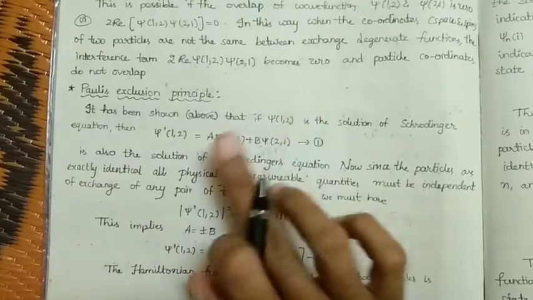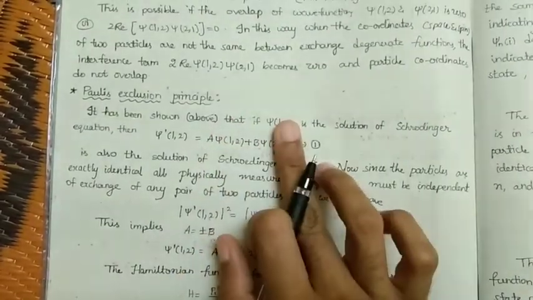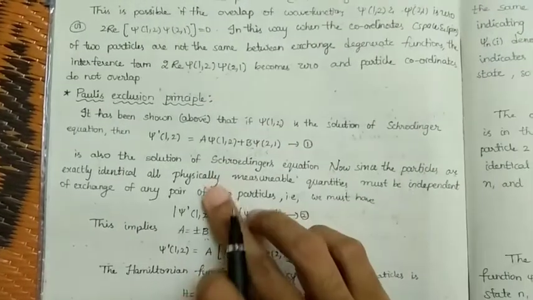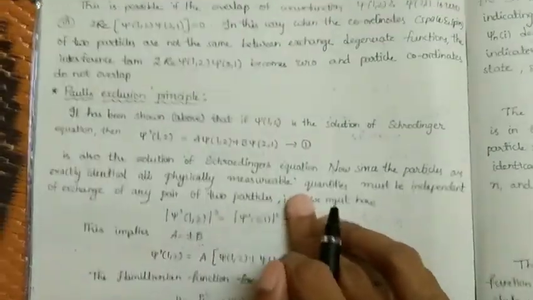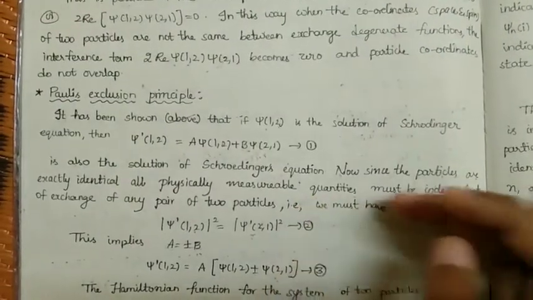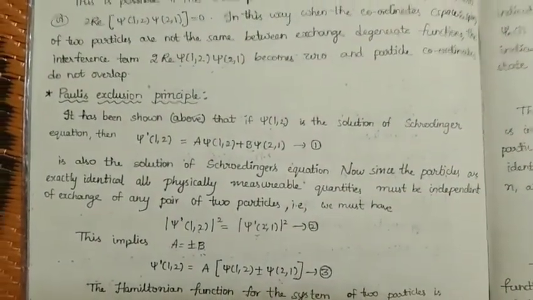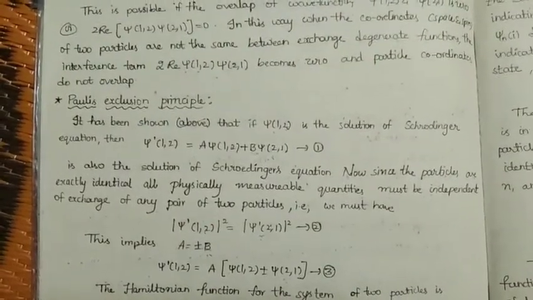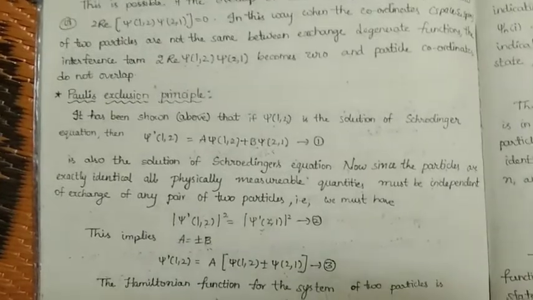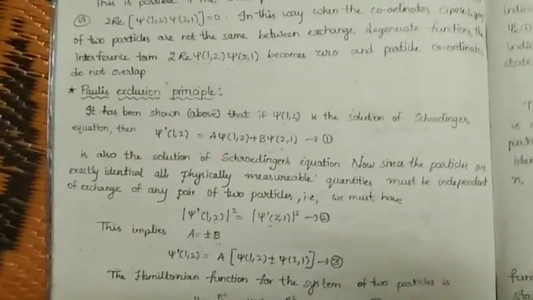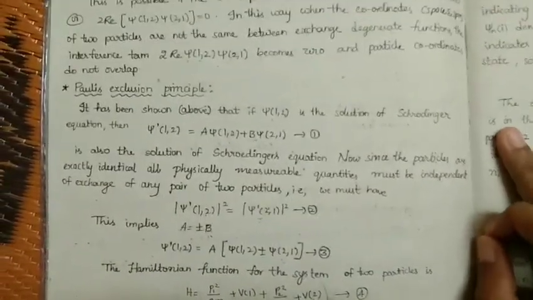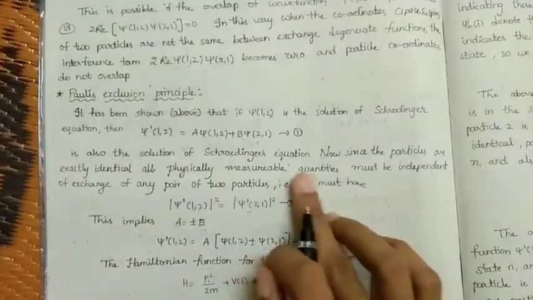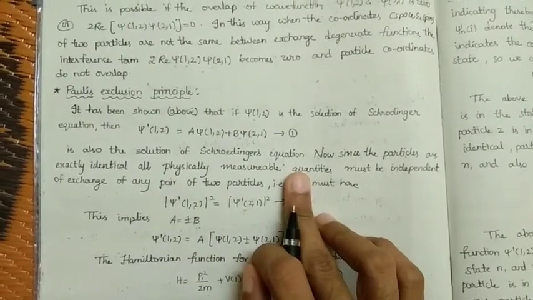If in the place of the first electron we keep the second, and in the place of the second we keep the first, then the physically measurable quantities would not change. That is because of the identical nature of the electrons. Only if we interchange an electron and a positron can we immediately see a difference in the physical quantities. Here we are interchanging electrons, which are just identical to each other, so the physically measurable quantities would remain the same.